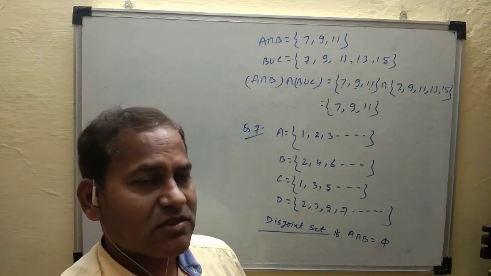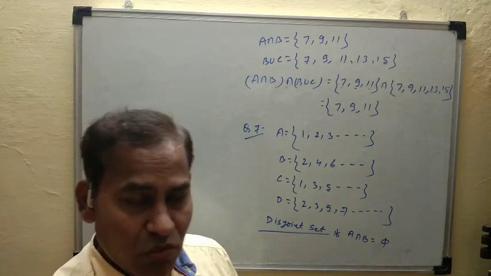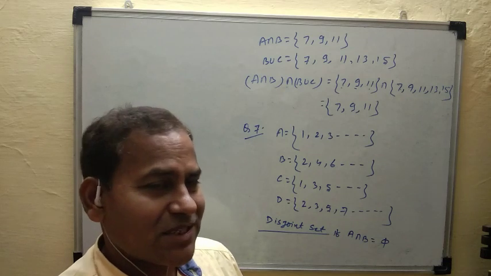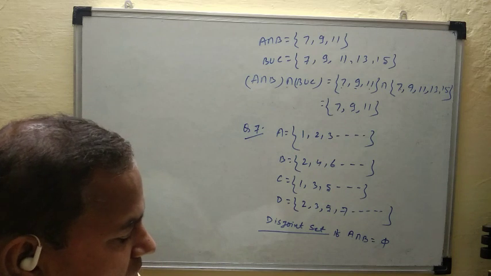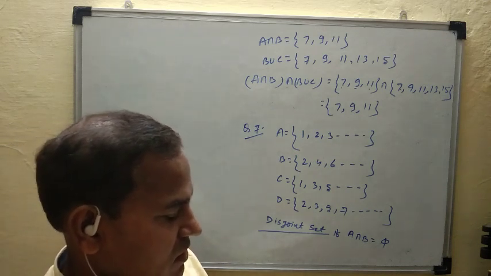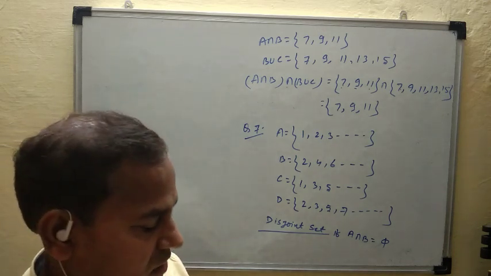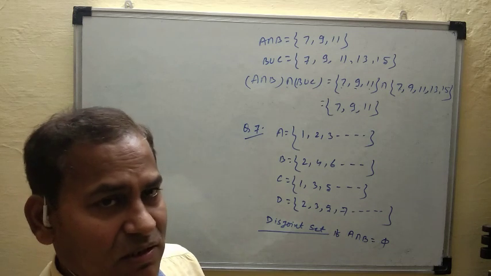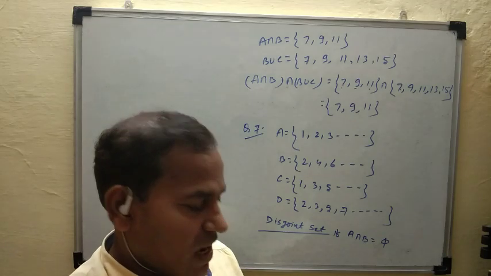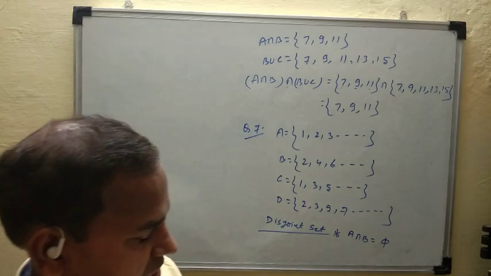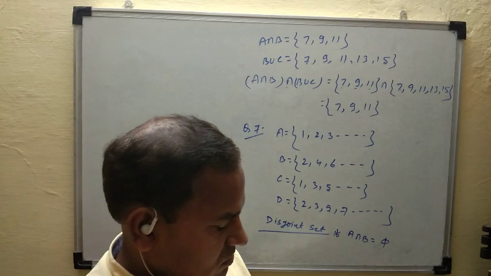So two sets having no common element are called disjoint sets. So in question number 8, all sets are given and you find their intersection. If the intersection is phi, that is, having no common element, then the sets are disjoint. And the same for question number 9 also.